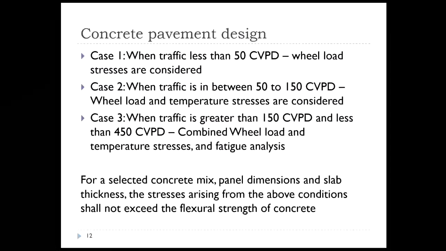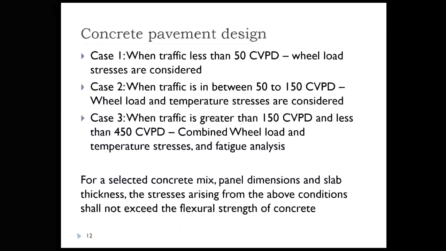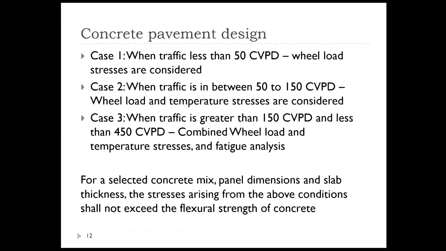Now, when coming to low volume roads, if you see IRC SP 62, you find there are three cases which are defined. Case 1, when traffic is less than 50 cvpd. In that case, we design the slab by considering only wheel load induced stresses.